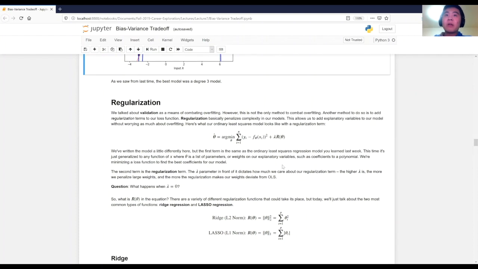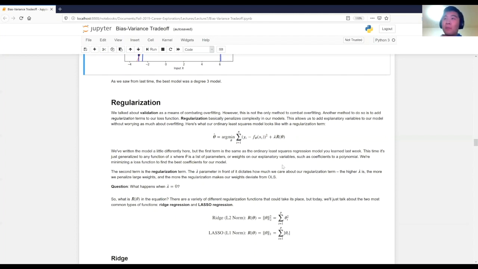Regularization is a method of trying to reduce the variance of a model alongside the bias. Standard models already try to reduce bias, but now we're going to tackle variance on top of that. The standard way to approach this is to attach a regularization penalty to our loss in the model. This takes the form of lambda times r of theta.